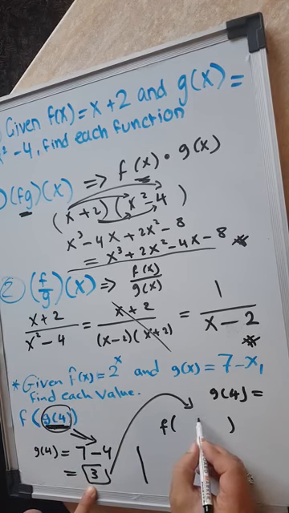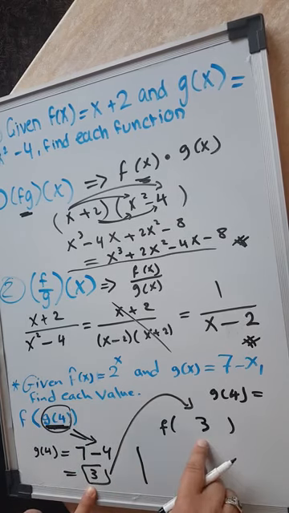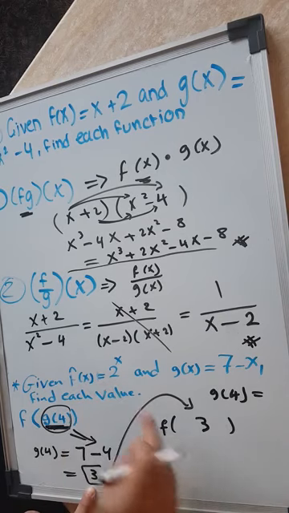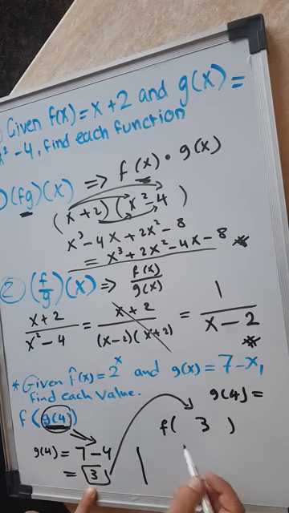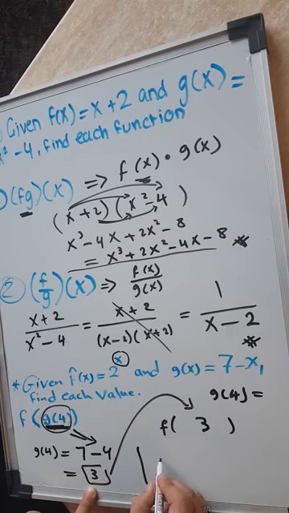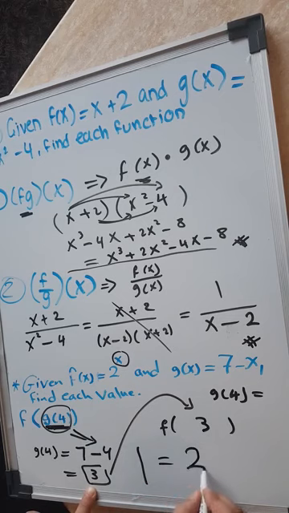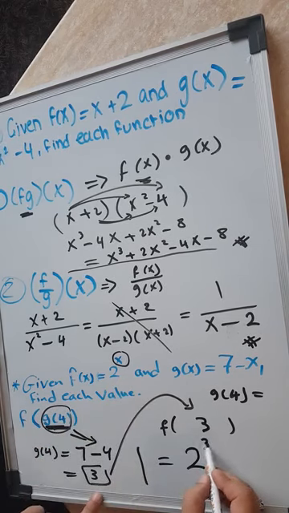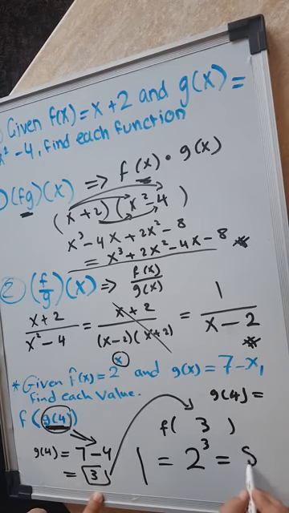So here it will be f of 3, the answer that I have here. f of 3 means I will replace x in function f by 3. So f of 3 is equal to 2 to the power x, replacing x by 3. 2 to the power 3 is what? 8. Thank you.